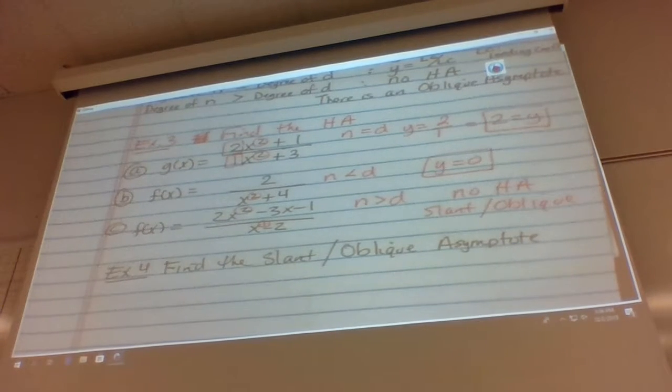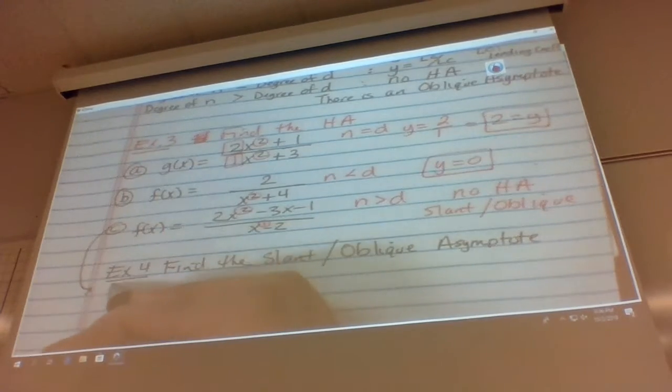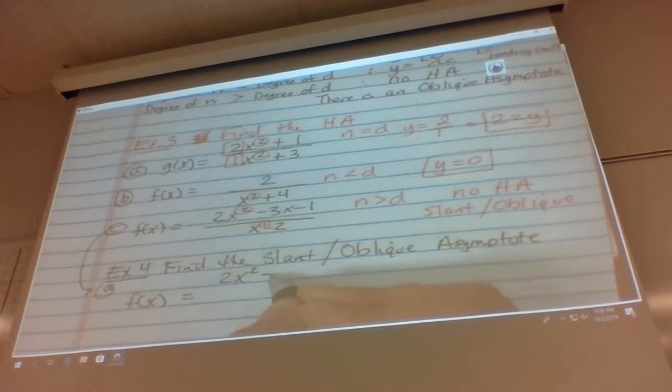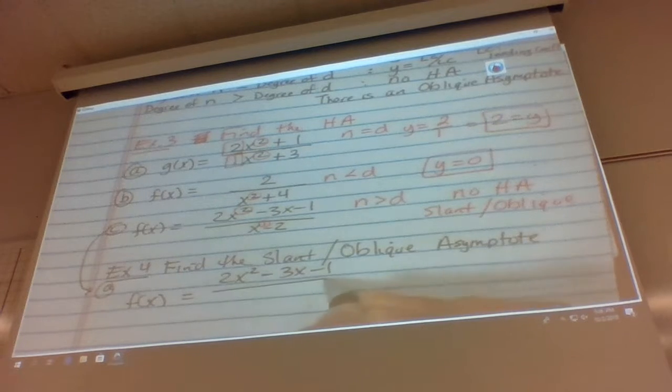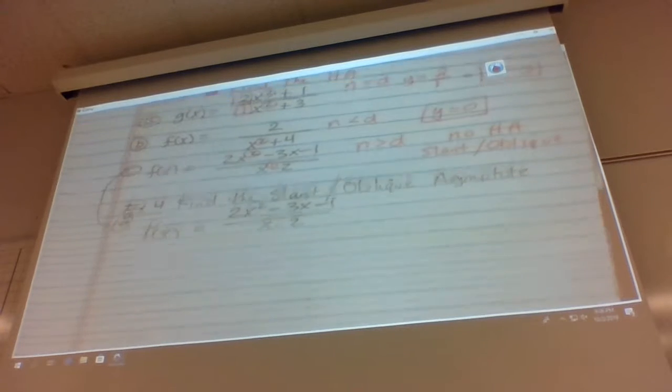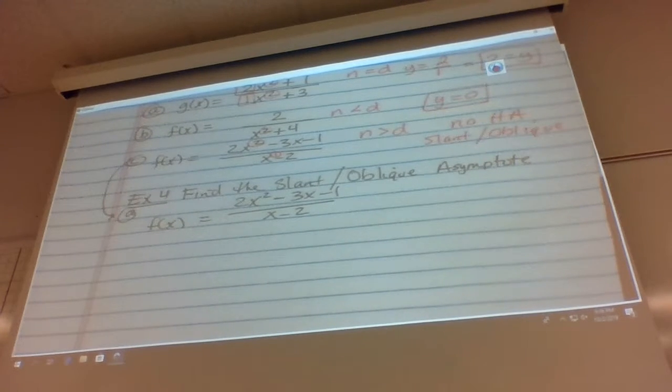When you find the oblique or slant asymptote, all you have to do is synthetic division. Do you know how to do synthetic division? Yes. So what is my number that goes outside? 2. We're getting that from the denominator, right? So that's your divisor. That is your factor.